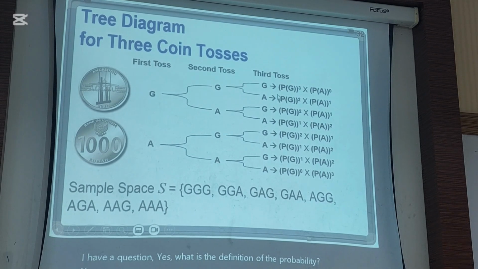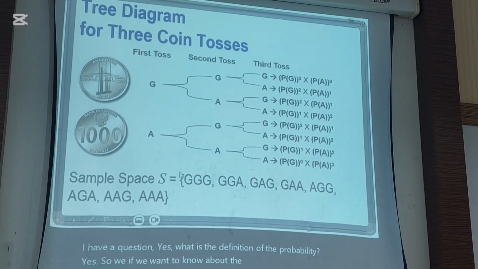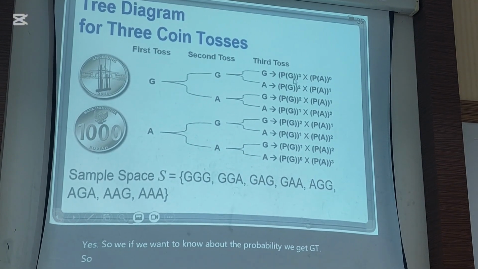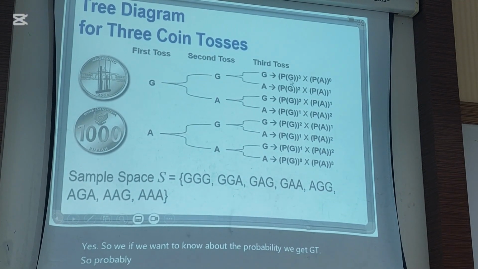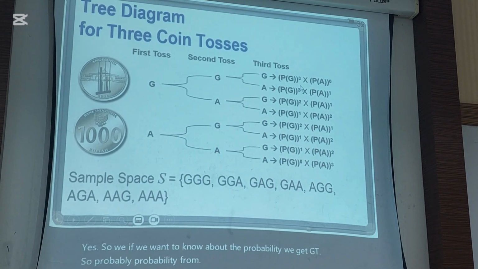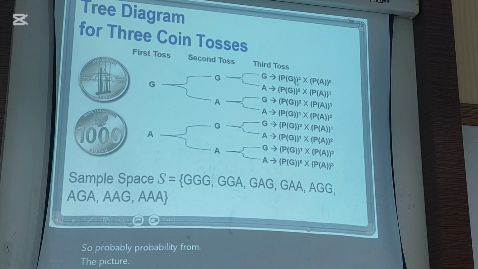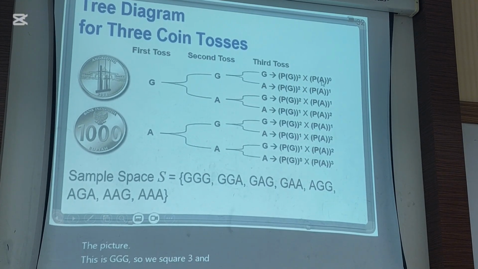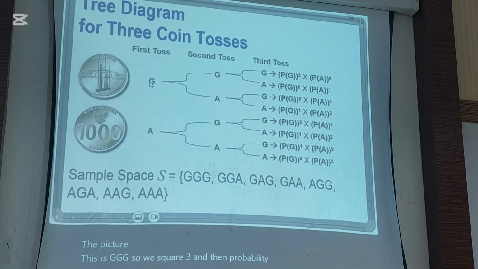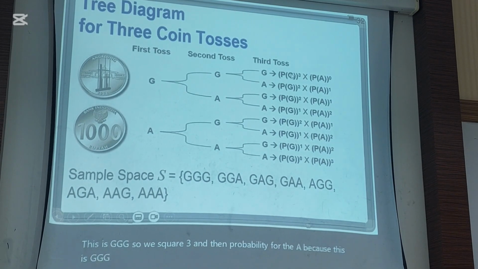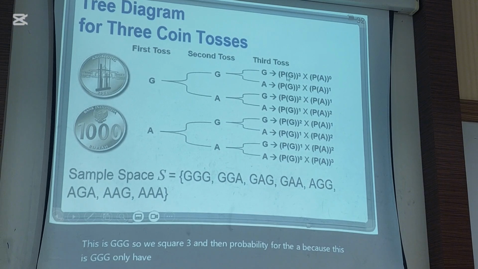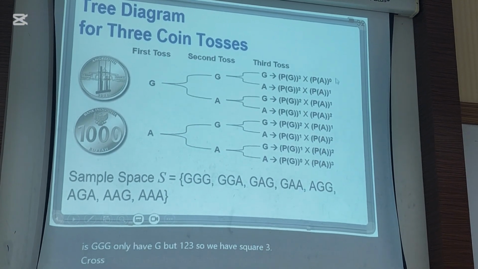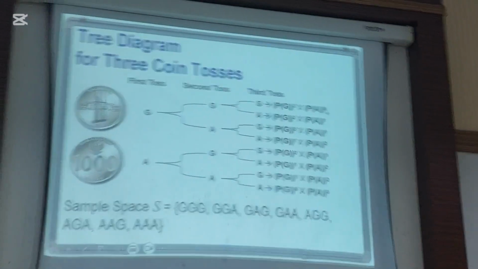If we want to know about the probability, we get G, G, G. From the picture, this is G, G, G. So we have square 3, and then the probability for A, because this is G, G, G, only has G, but 1, 2, 3, so we have square 3, cross with probability A square 0.